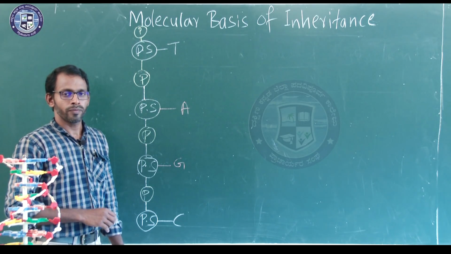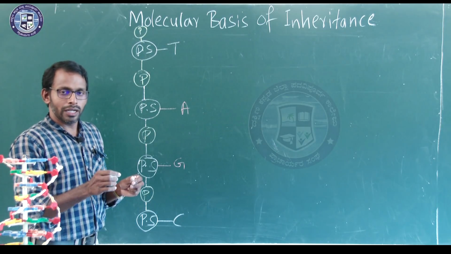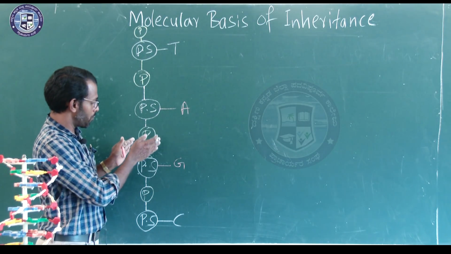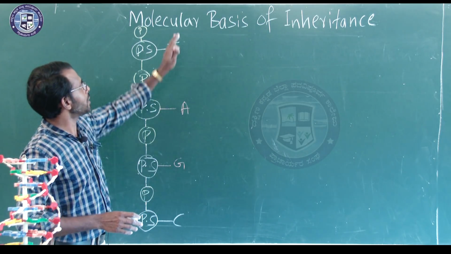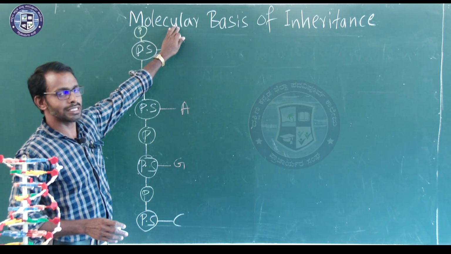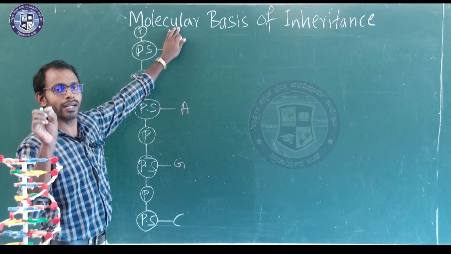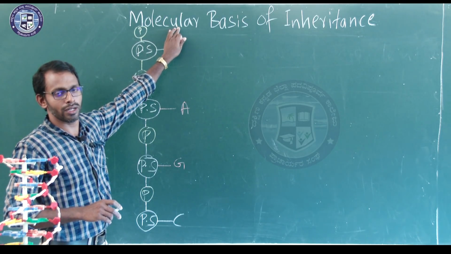Now, how exactly will it form the final stable structure in the case of DNA, as explained by Watson and Crick in their double helical model?